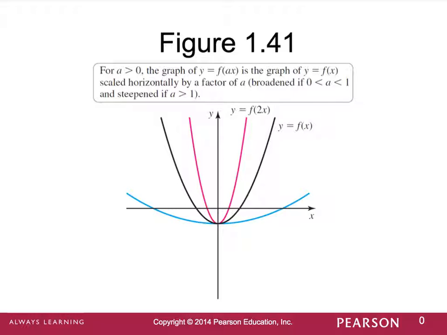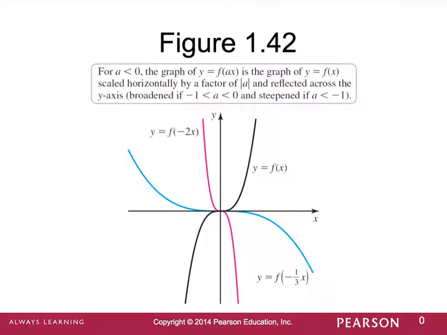However, things are, once again, a little counterintuitive when we deal with the horizontal. If we're multiplying by a number that's between 0 and 1, that's going to stretch it or broaden it horizontally, whereas if we're multiplying by a number that is greater than 1, then that's going to compress it horizontally, which appears in some functions to look like a vertical stretch.